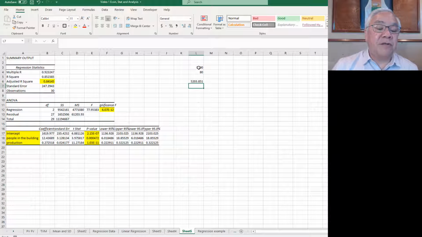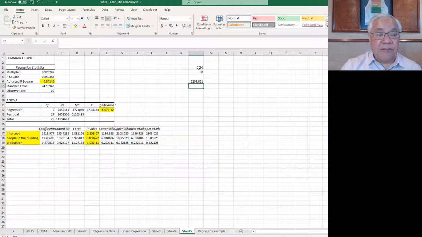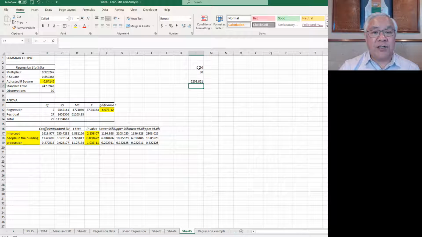So 5203 is our estimate. So the regression results would tell us that if we had 80 people and we made 9,500 units in that building next week, our estimate for utility costs is 5203, right? So now you see the beauty of a multiple regression, because we use historical data to create a formula that we can use now to predict what the utility would be if we had different numbers of people or production in that building.